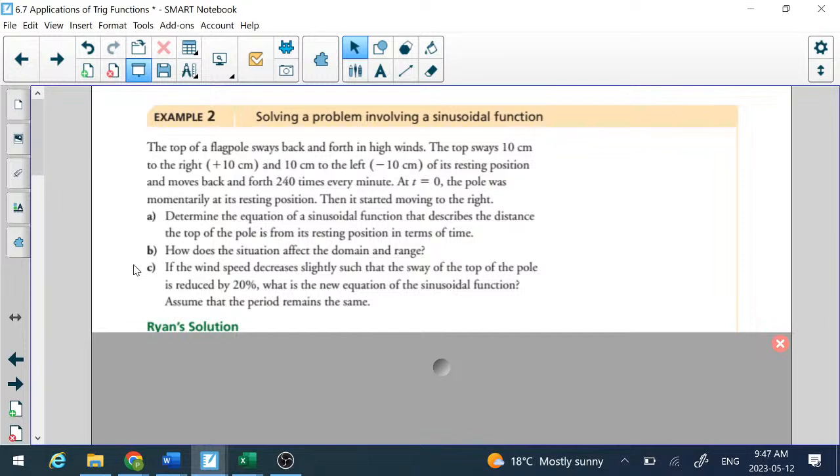The flagpole does this. This is one cycle. Back, forth. It did that 240 times in 1 minute. So how long did it take to do it once? It's 60 seconds divided by 240 times. So it's a quarter of a second every time it does this. You understand? That's the period.